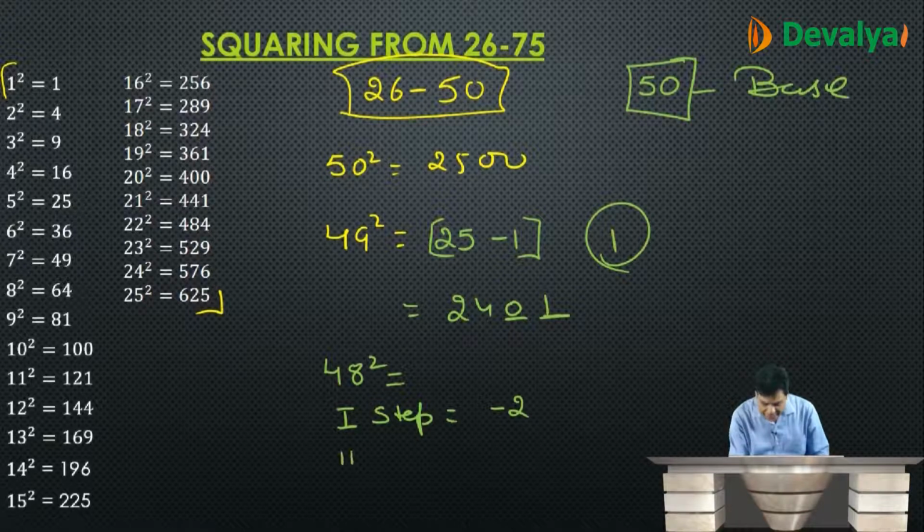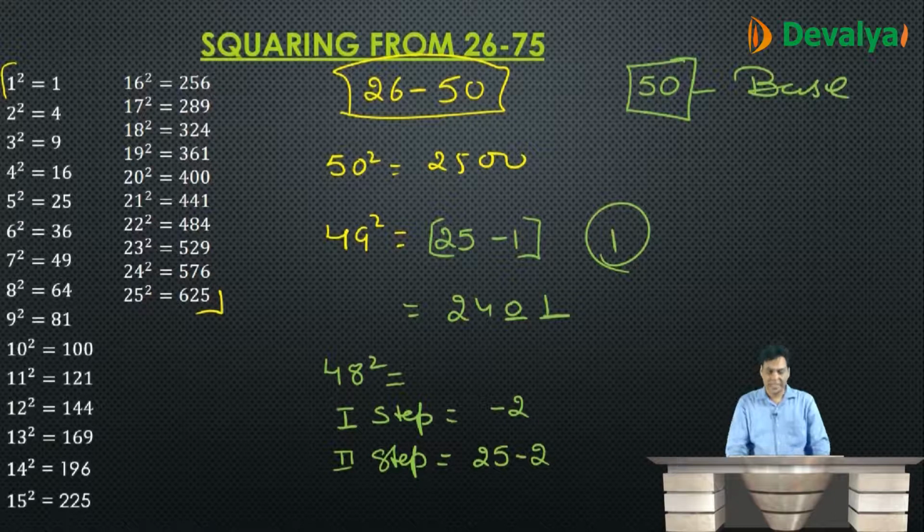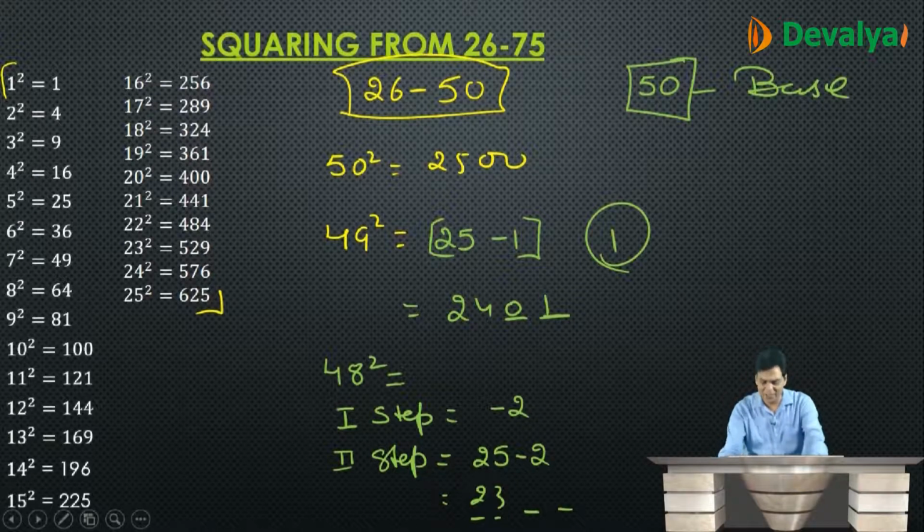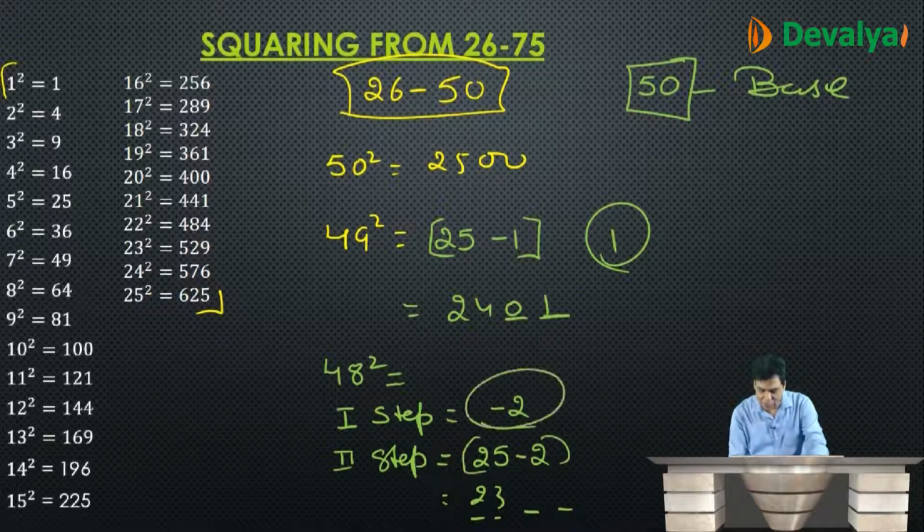In the second step, I subtract this difference from 25. That would be 23. So this 23 is the first two digits. In order to get the last two digits, I simply add the square of the difference, that is 04. So the answer is 2304. Got it?